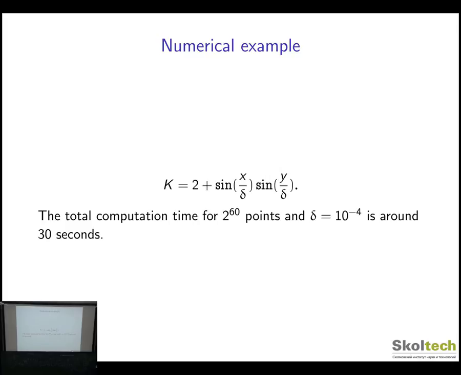Well, that's one numerical example. It's only a statement about the time, but we are able to solve on a grid with like billion times billion points, with multiscale parameter 10 to minus 4, in around 30 seconds on a laptop, which I think is quite cool. There are some problems with this part.